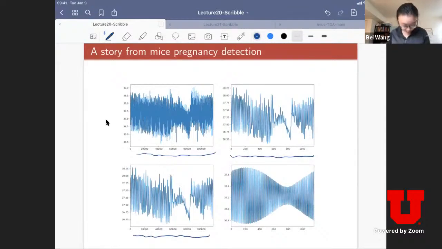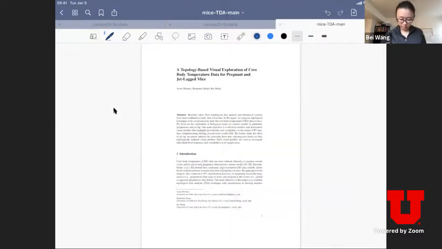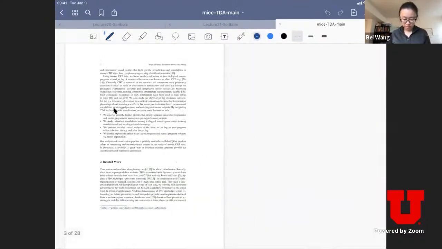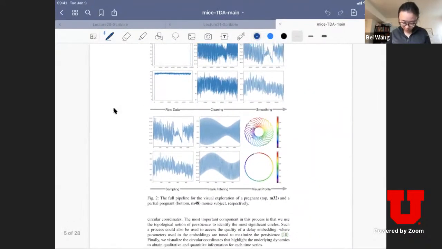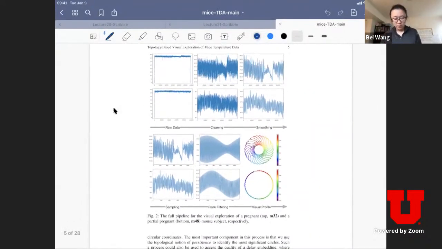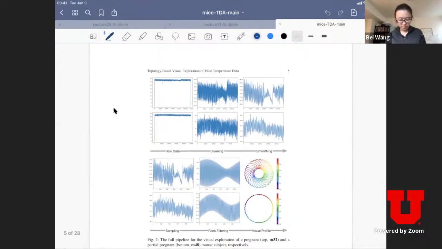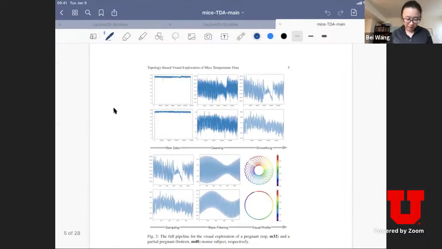The difference is that in the original raw data, we can have some potential outliers. So the first thing you need is a lot of pre-processing to deal with this kind of data.